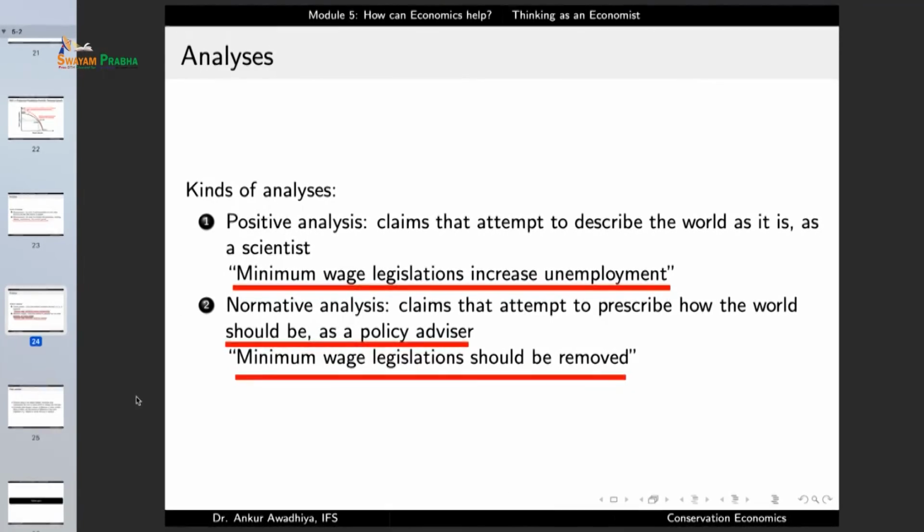So, for instance, a person who puts much faith in increasing efficiency might say that minimum wage legislations should be removed. On the other hand, another economist who emphasizes the quality of life of these laborers might say, no, minimum wage legislations are extremely important. Otherwise, these people might get exploited.